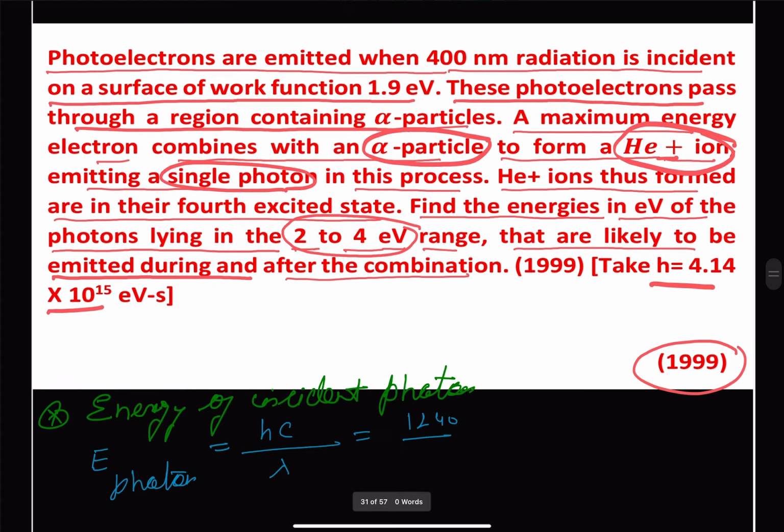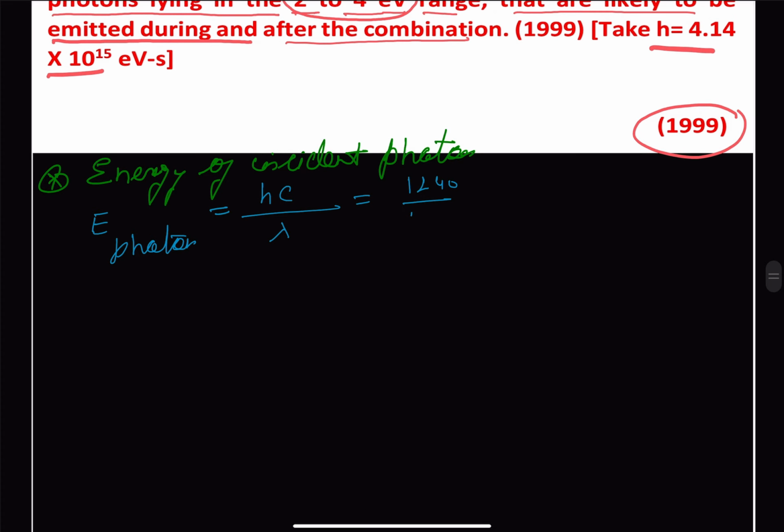Lambda is given as 400 nanometer, and this gives us the energy of the photon as 3.1 electron volt.